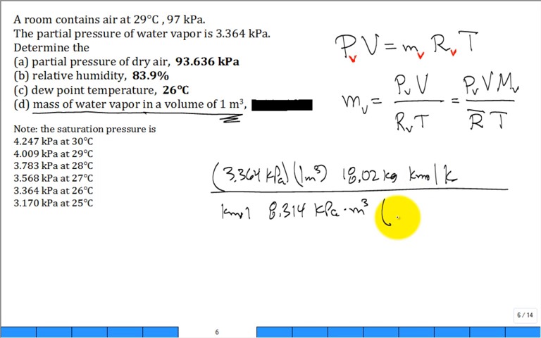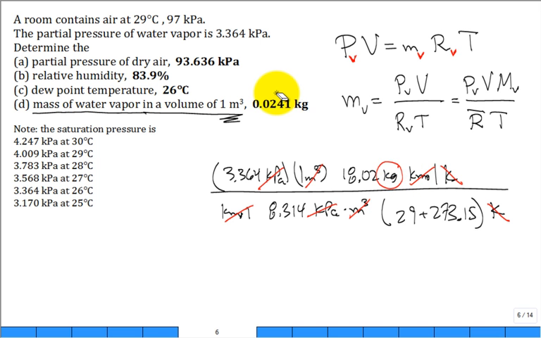And then the temperature is 29 plus 273. If you want to put more digits on it, great. 273.15 Kelvin. And then you just cancel all your Kelvin, kilomole, meter cubed, kilopascal, left with the unit of kilogram. And the answer is 0.0241 kilograms. Am I going to have a hard time picking that up?